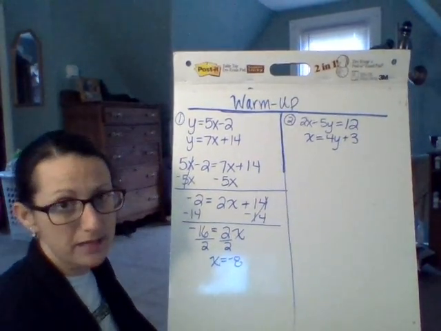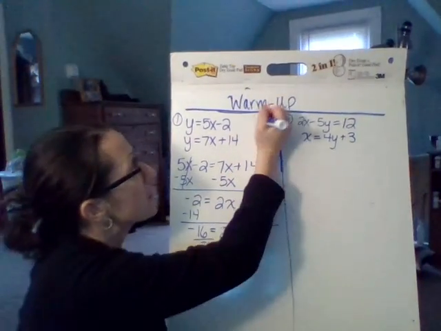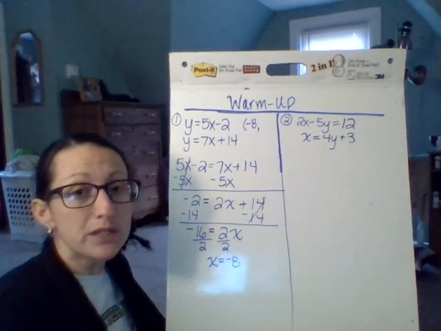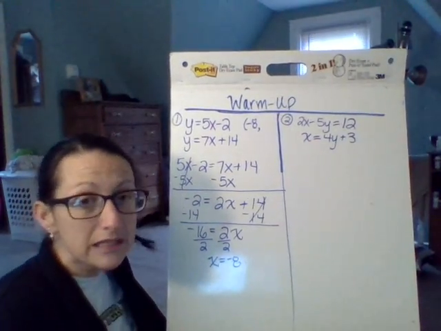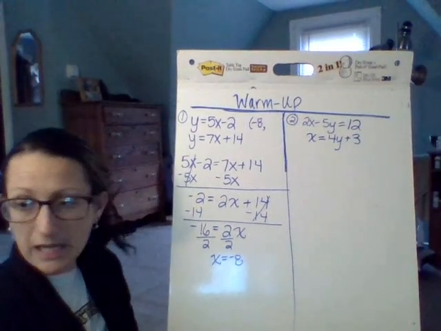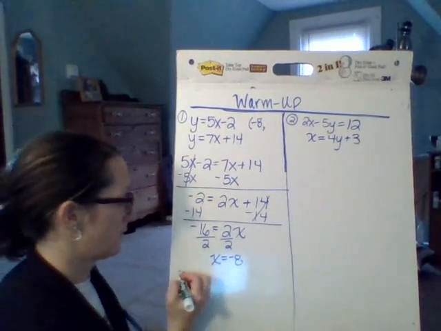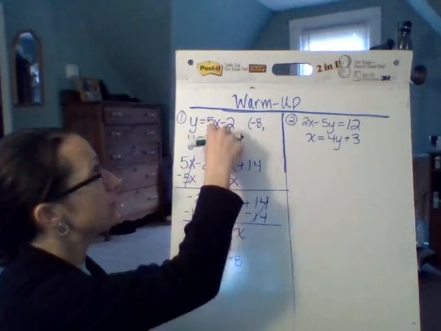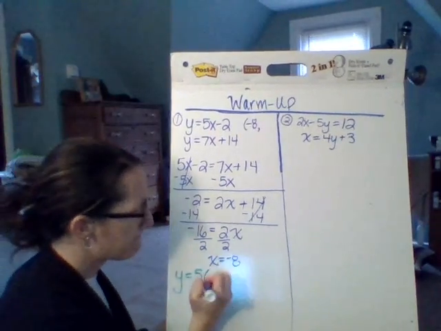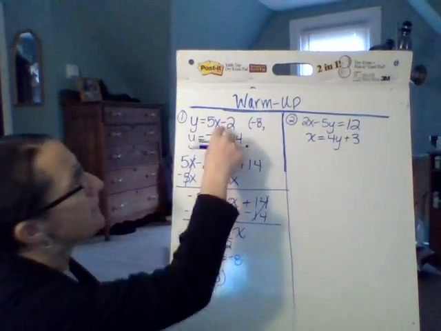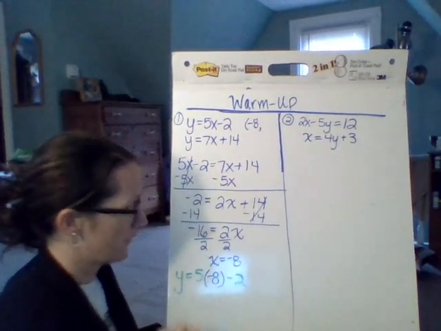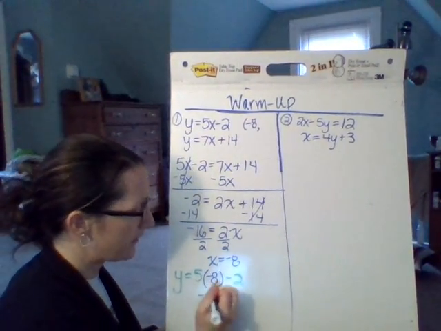Okay, only half my solution. Remember, it's a point. So I have the x coordinate, now I have to find the y coordinate. Since both my equations are in y equals, it's really easy. I just have to substitute in and evaluate. It doesn't matter which one I choose. I'm going to choose the top one. y is equal to 5 times x, and I now know that x is negative 8, minus 2. 5 times negative 8 is negative 40.